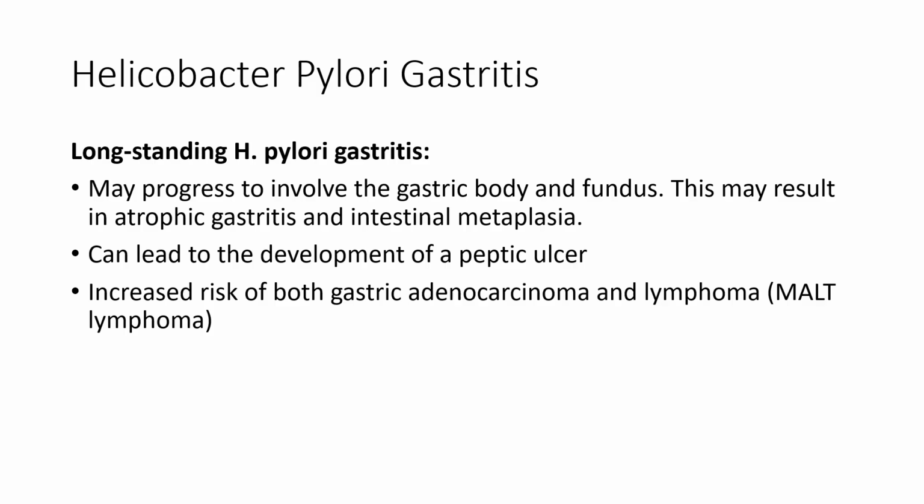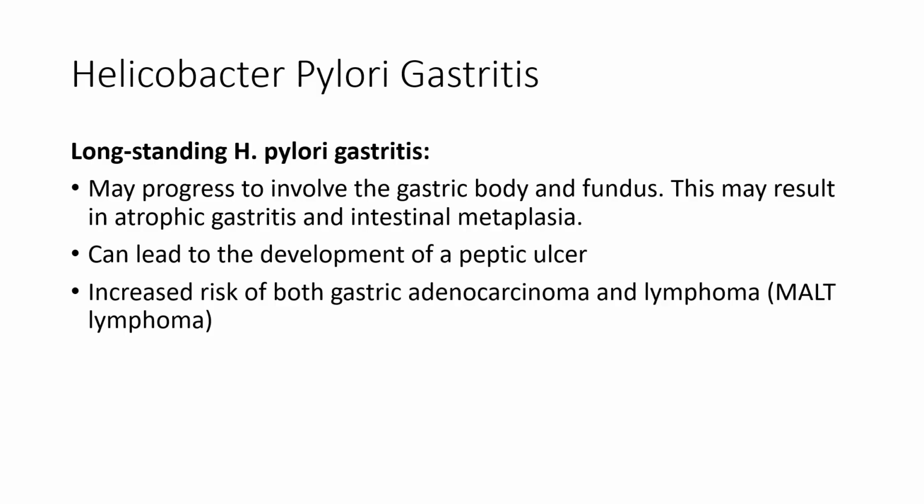So when the inflammation extends into the gastric body and fundus, and when this inflammation is prolonged, this can lead to a decrease in the number of parietal cells, and this will lead to gastric atrophy, and also intestinal metaplasia can result. In atrophy, you have fewer parietal cells, so you have less acid secretion, so there is hypochlorhydria, and this will lead to hypergastrinemia.